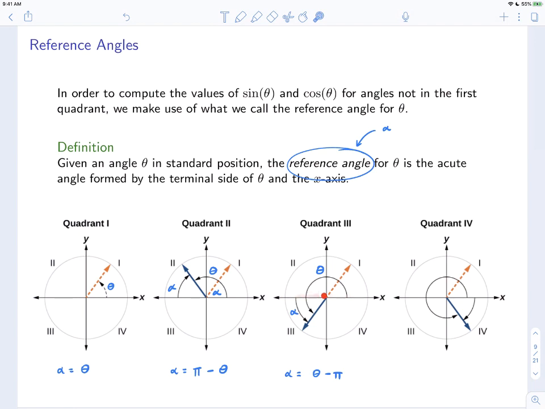So pi gives you a half rotation, but then you continue, there's more rotation here. That little bit more is equal to alpha. In other words, theta is bigger than pi, and that difference is alpha, the reference angle. Notice that in this picture this alpha is the same as the measure of this angle alpha in the first quadrant. That's going to be important for later.